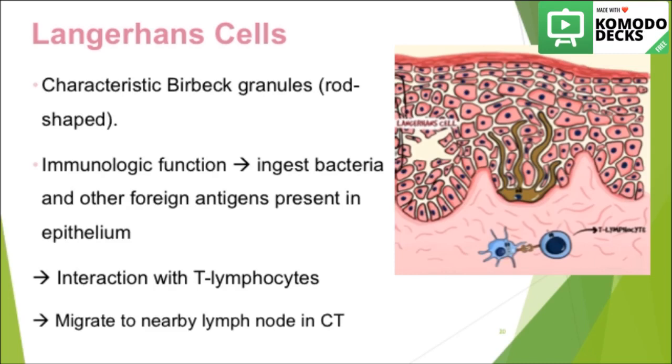They have the immunologic function of ingesting the bacteria and other foreign antigens present in the epithelium, and later would interact with the T lymphocytes in the connective tissue or migrate to nearby lymph nodes. So these cells migrate and move up and down in the epithelium.